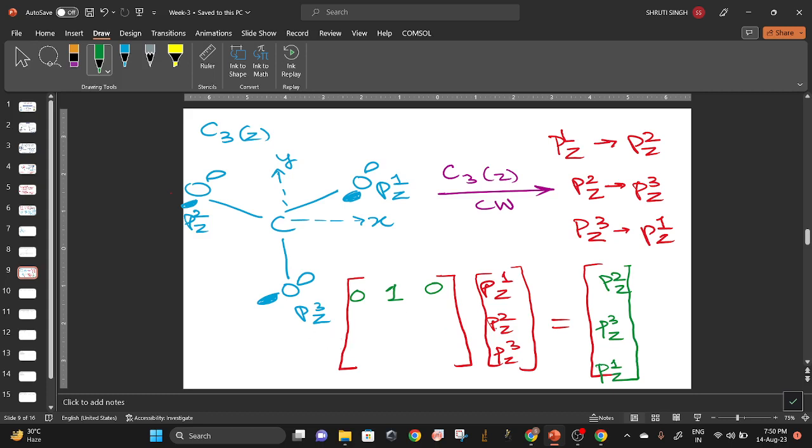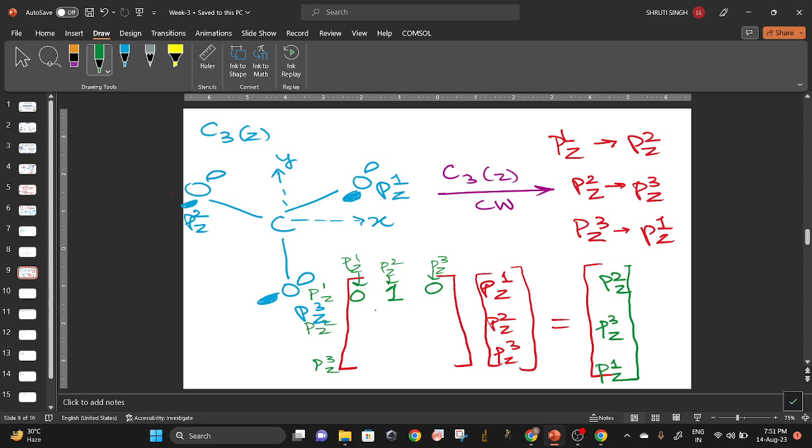So how will this PZ2 change? PZ2 is becoming PZ3. You know this column is for pz1, this column is for pz2, this column is for pz3. Now here also, similarly, this is after transformation. The columns are representing after transformation and the rows are representing before transformation.